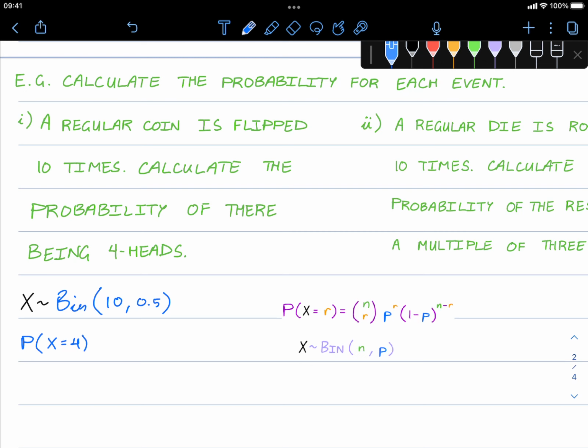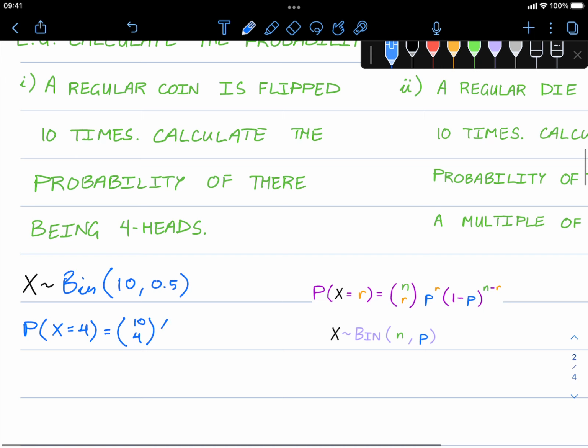So following the formula now, it's going to be n choose R. Then P, which is the probability, and for this I like to use lots of brackets, 0.5 to the power of the number of successes we want.